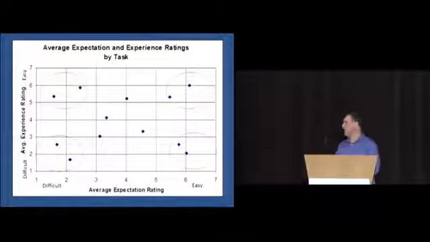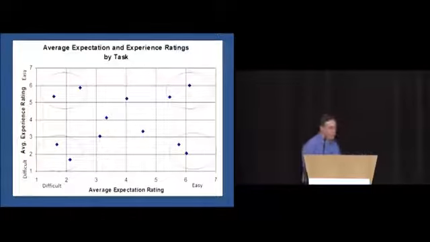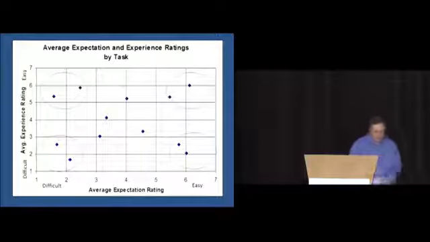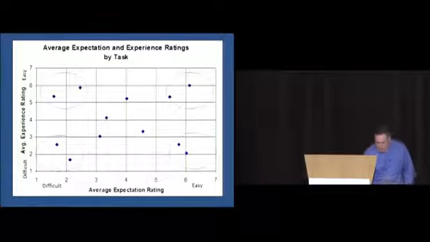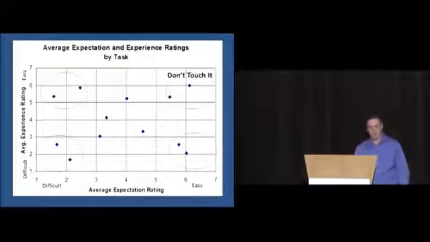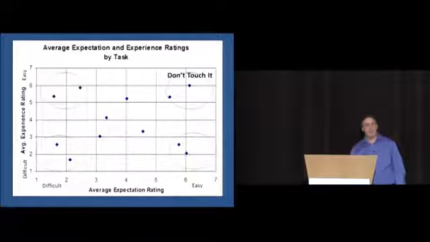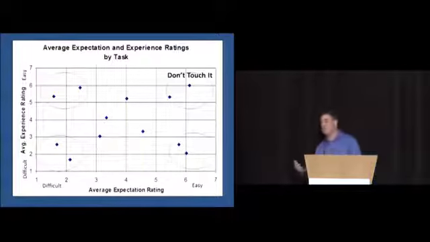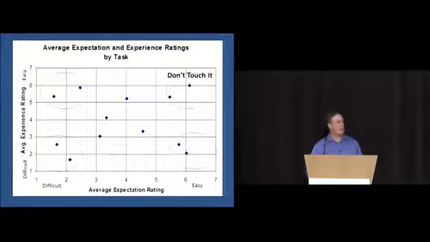And you can start plotting out averages across different user groups. For example, if you have somebody who expects something to be very easy, and it is easy, your directive there is don't touch it. There's nothing to be gained in terms of lifting user satisfaction.